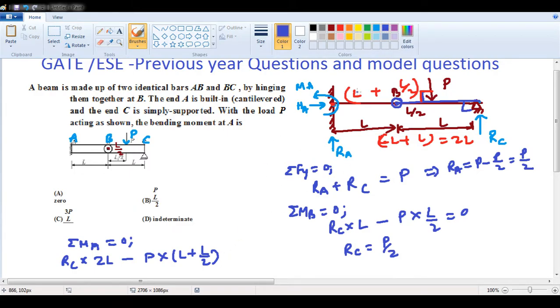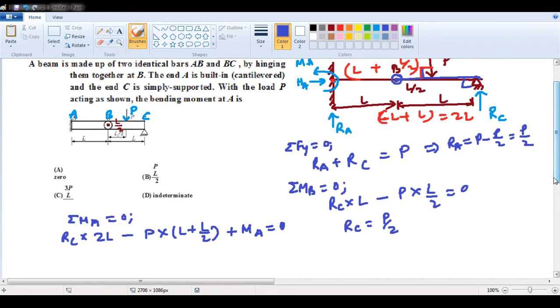Apart from this, there is a moment in the anti-clockwise direction, right? But in the direction of RC. So MA is equal to 0. Now when we solve this, let's put the value. We have the value of RC as P by 2. This is 2L, this is P, 2L plus 3L by 2 plus MA is equal to 0.